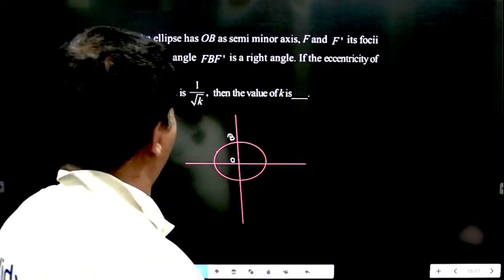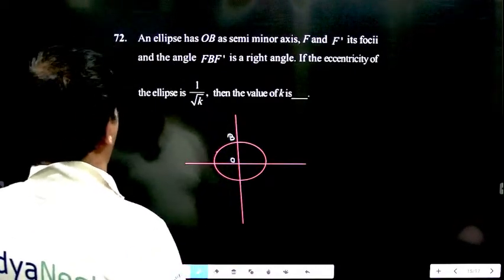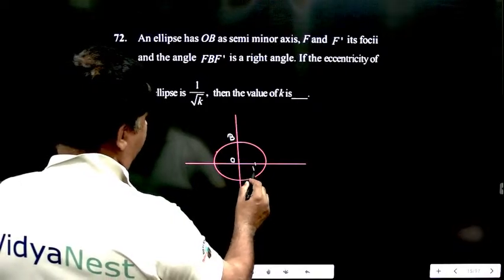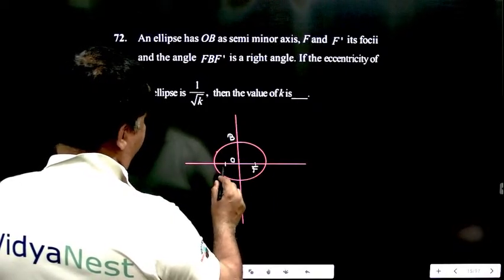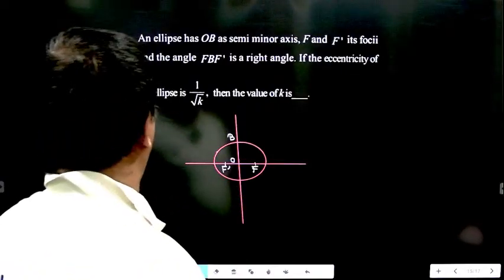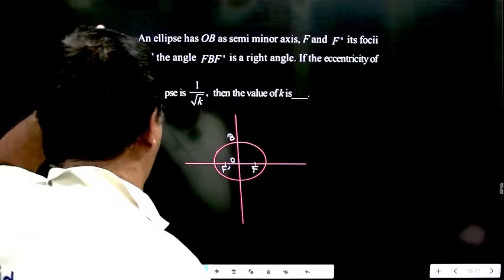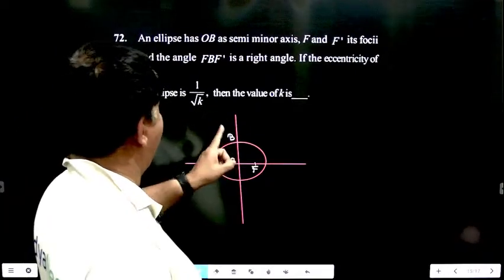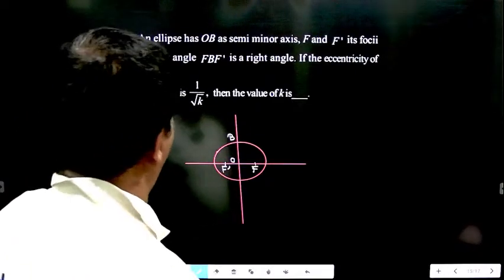F and F dash are two foci. Now it is told that angle FBF dash is a right angle.